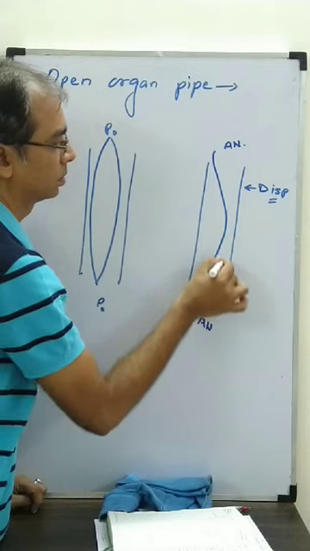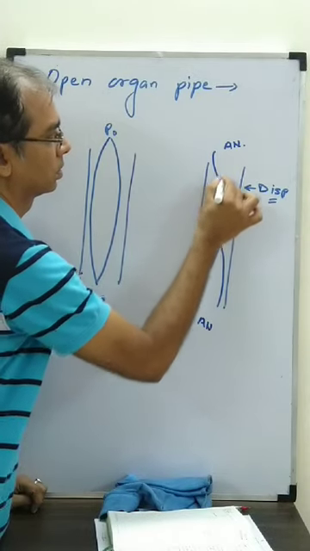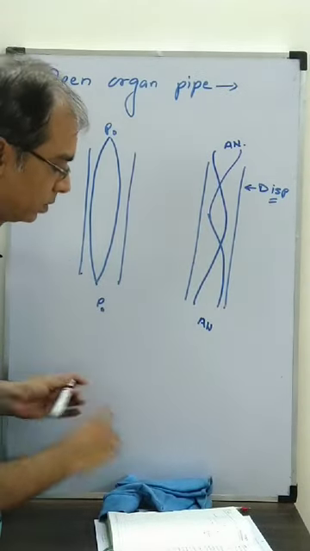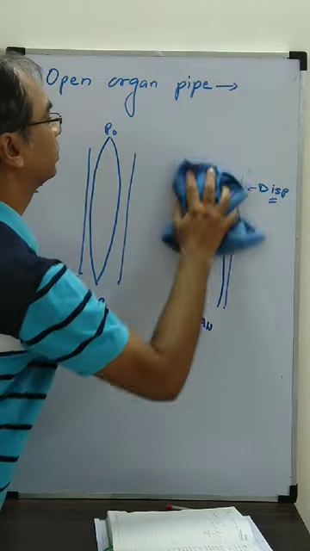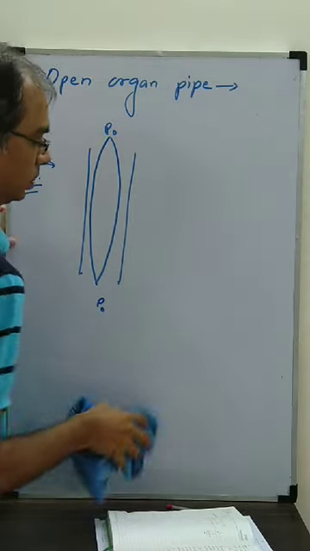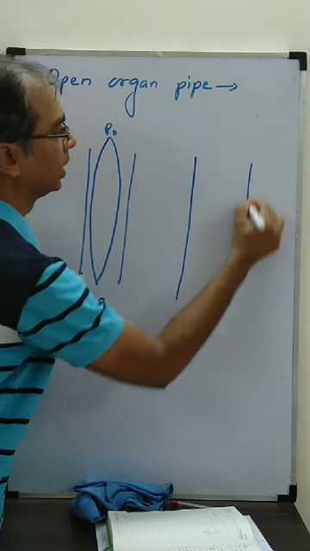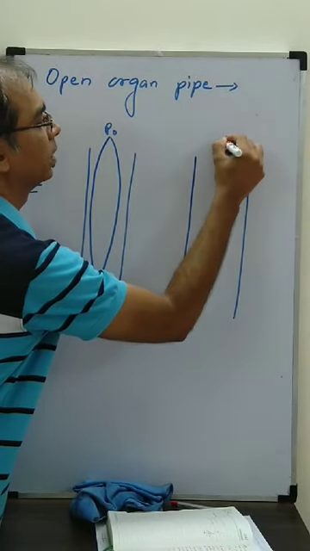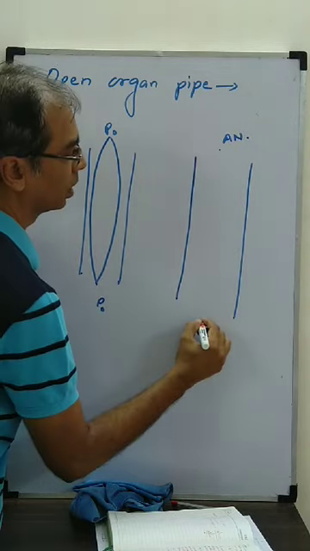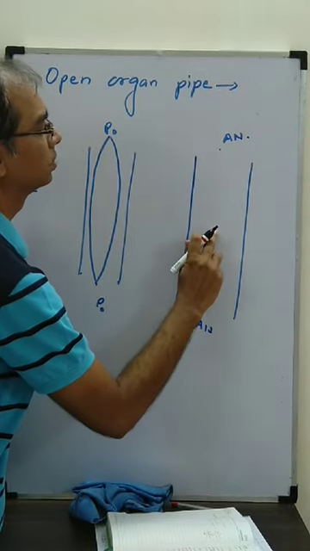It's more than one loop we have to make, because we are making a single loop. Here antinode, here antinode, and here node.